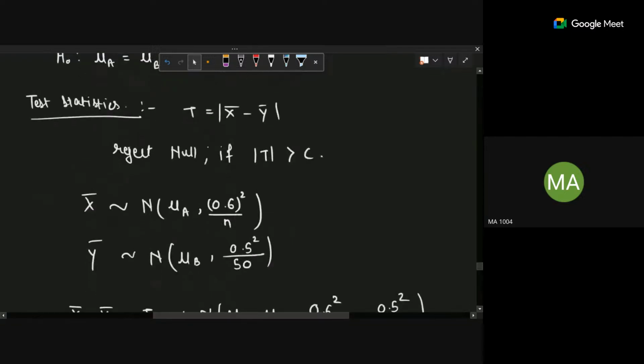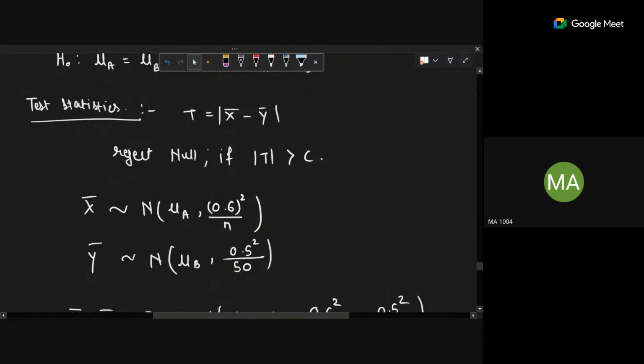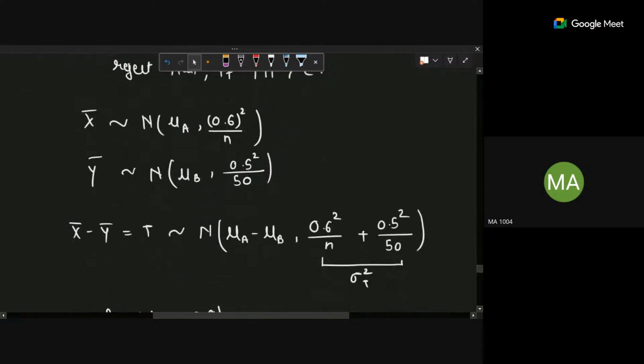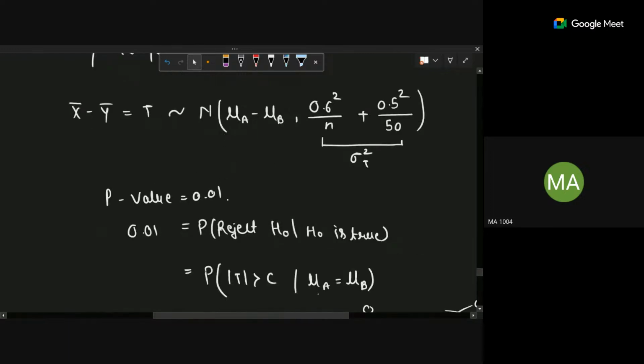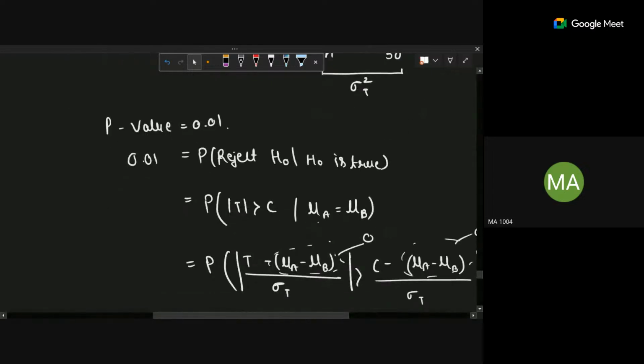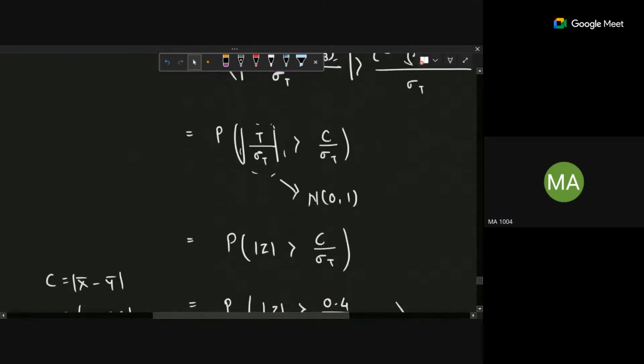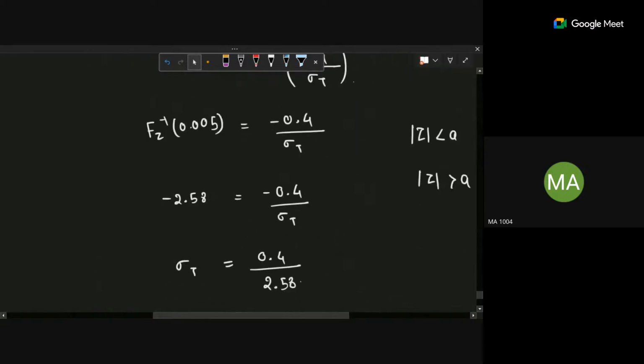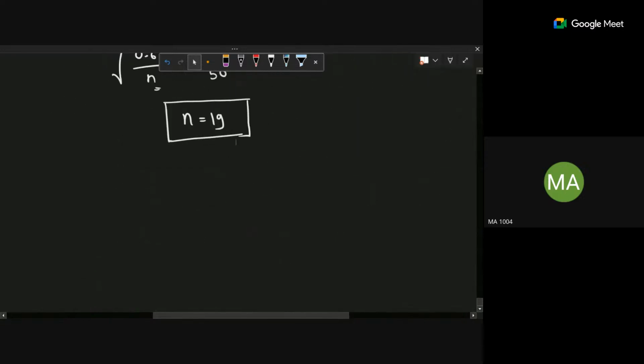Then we defined our test statistic: reject the null if the modulus of the T value is greater than C. We know that X bar and Y bar follow normal distributions, and similarly T. Then we applied the two sample Z test, as we are checking the mean. If we were checking the variance, we might have used the F test. Then the normal calculation leads to the answer for n. Is it clear to everyone?